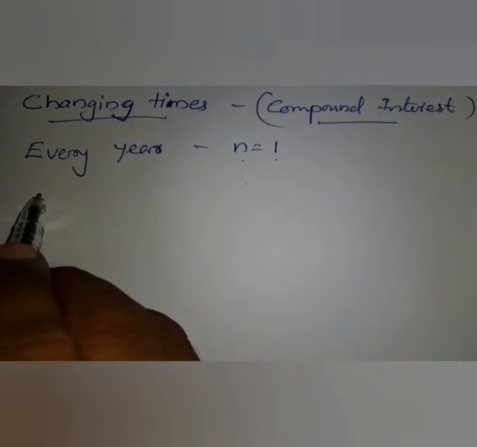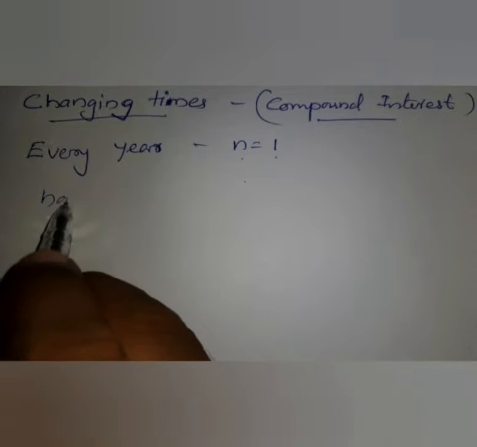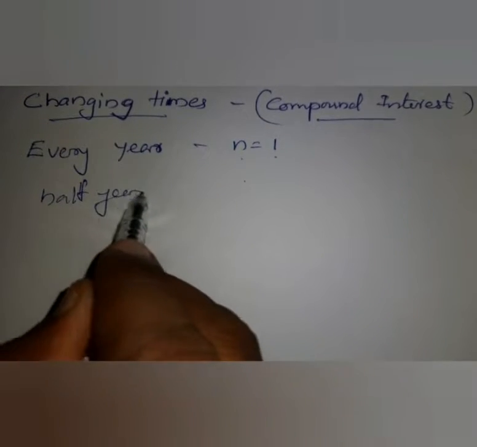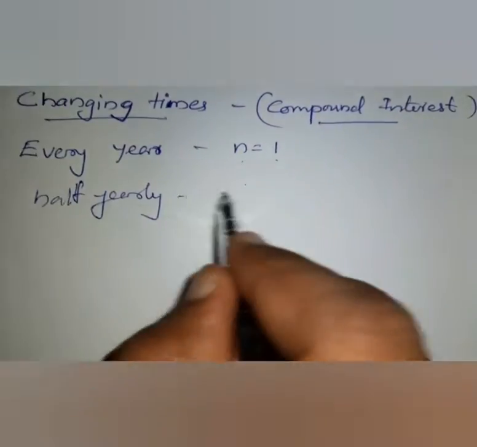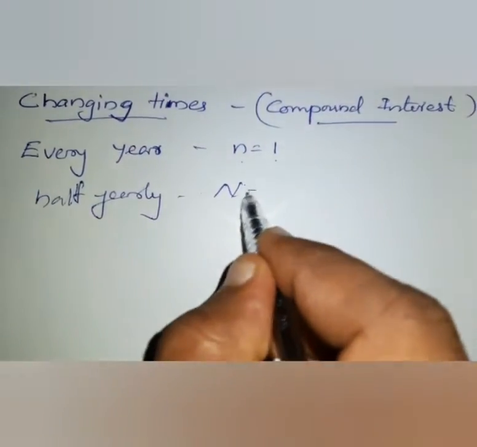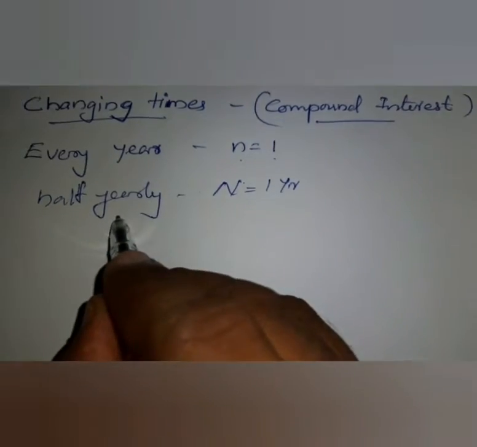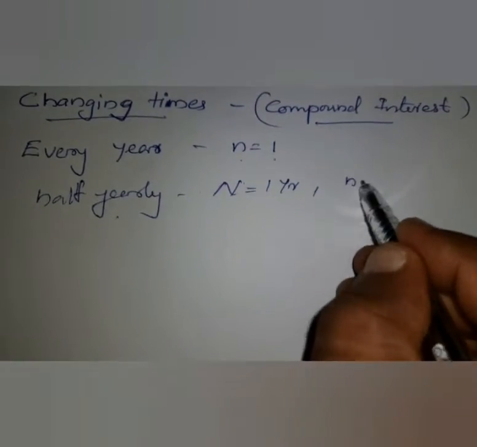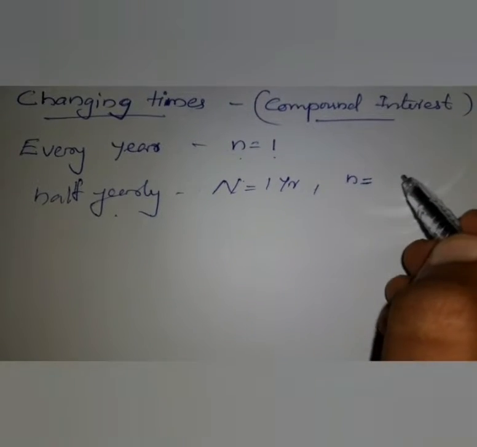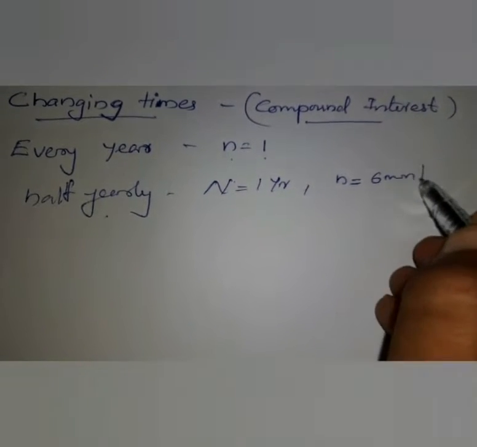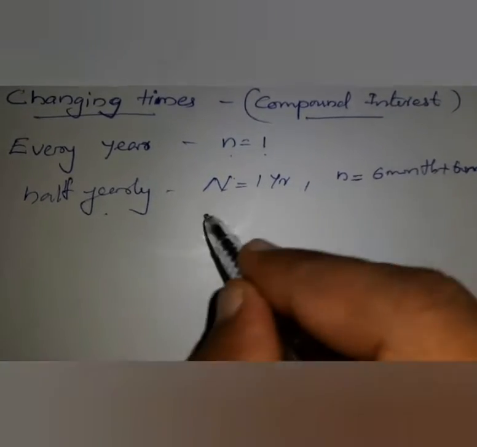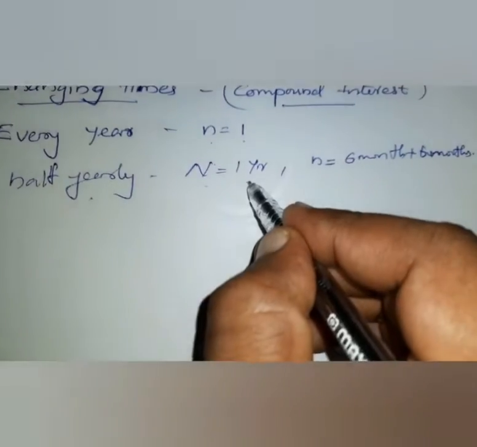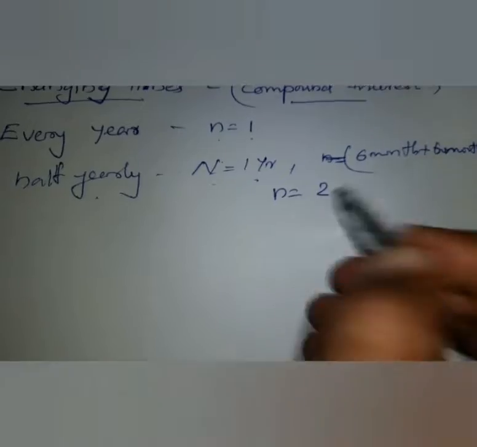If it is calculated half yearly, then in 1 year the calculation is every half year, every 6 months plus 6 months. So that is yearly twice. Yearly twice means n we can write as 2.